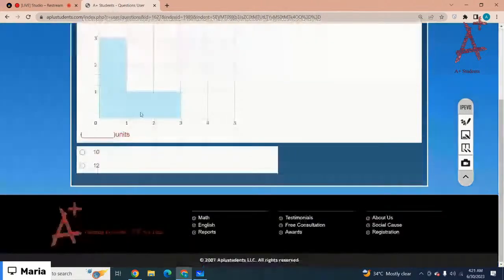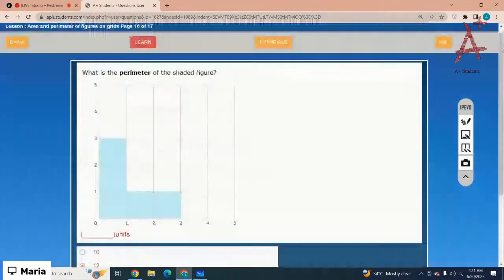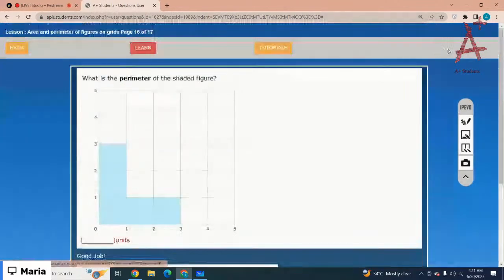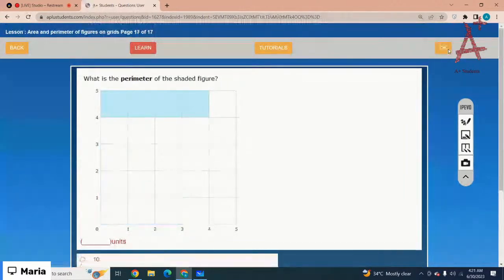So whenever you have to calculate the perimeter, just count the border of the shape. What is the perimeter? It is 1, 2, 3, 4, 5, 6, 7, 8, 9, 10. So the perimeter of the shape is 10.